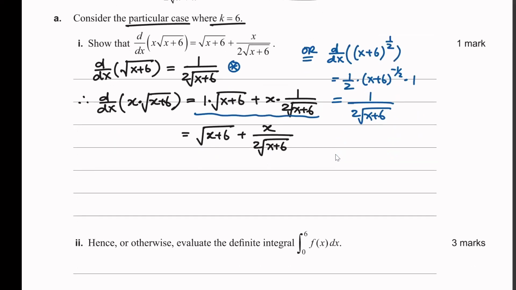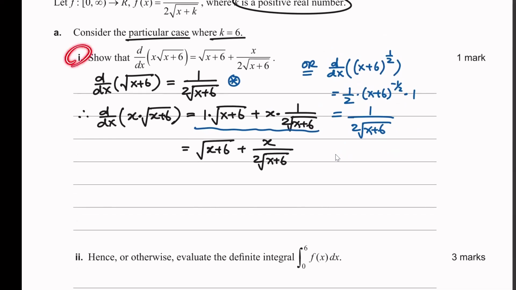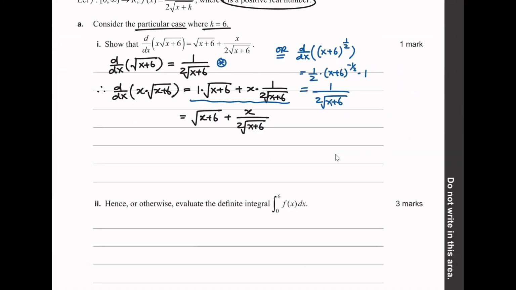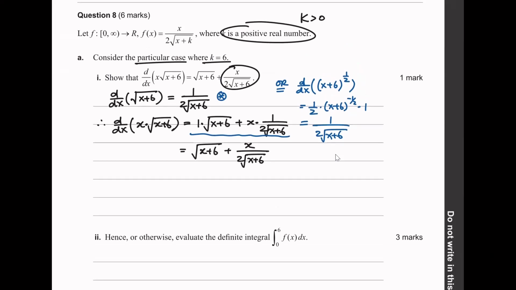Hence or otherwise, evaluate the definite integral 0 to 6. In this case, part 1 and part 2 belong to part A, so the same condition is shared here, so k equals 6. You might want to say, okay, when k equals 6, this is what I want to integrate.